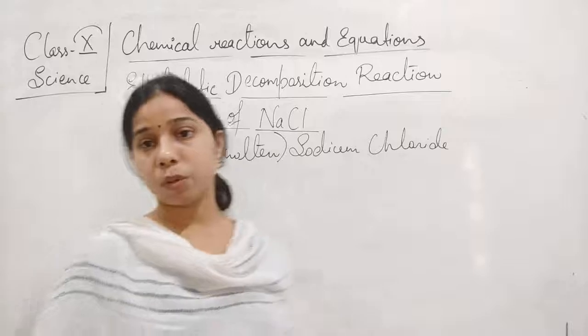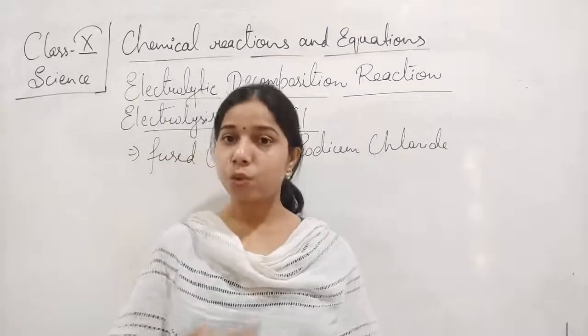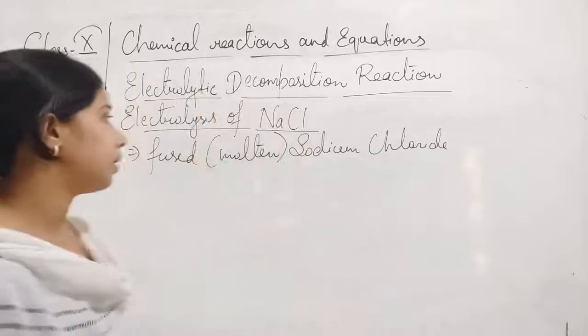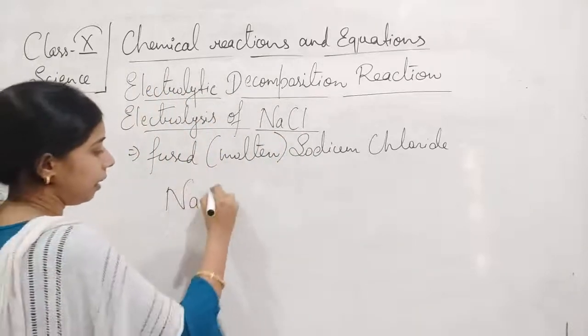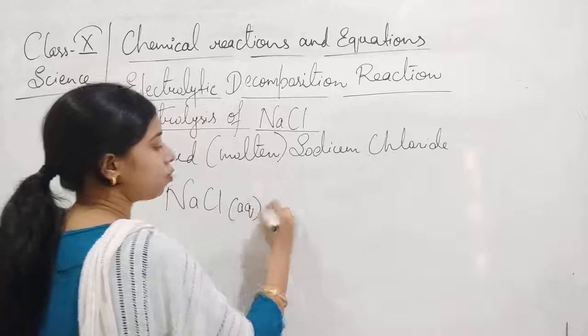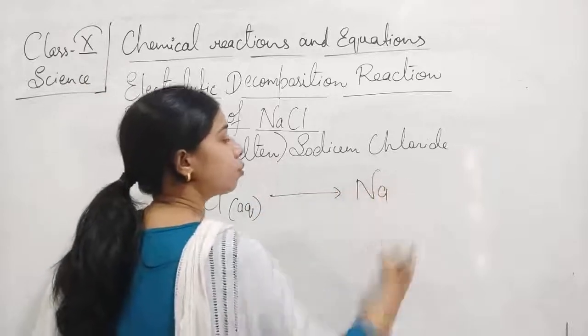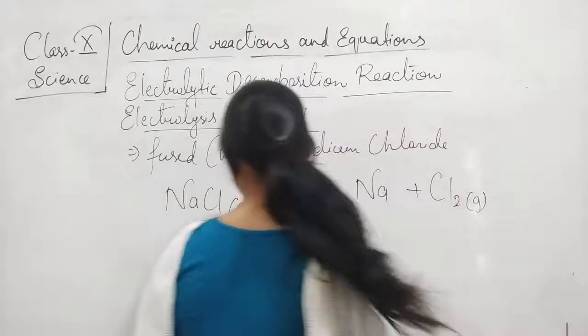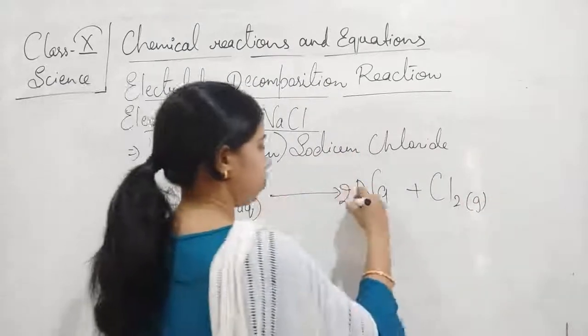Then this sodium chloride breaks into sodium and chlorine gas. So we can write here that this NaCl, in the form of an aqueous solution, will get converted into 2Na and Cl2, which is a gas.